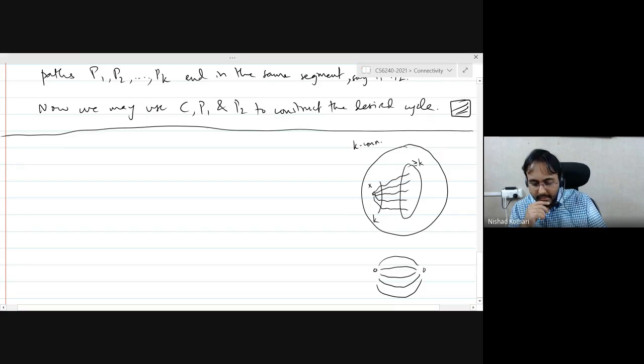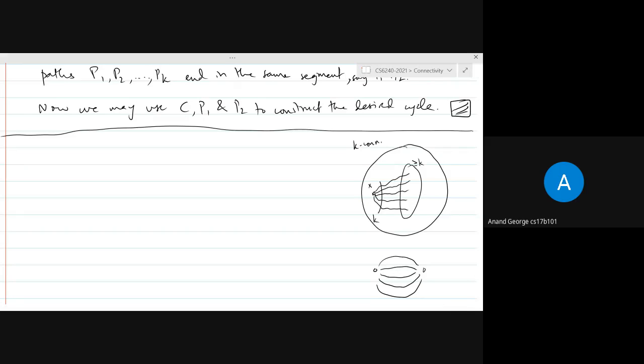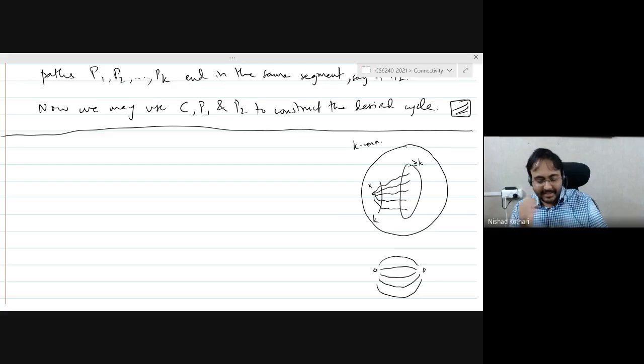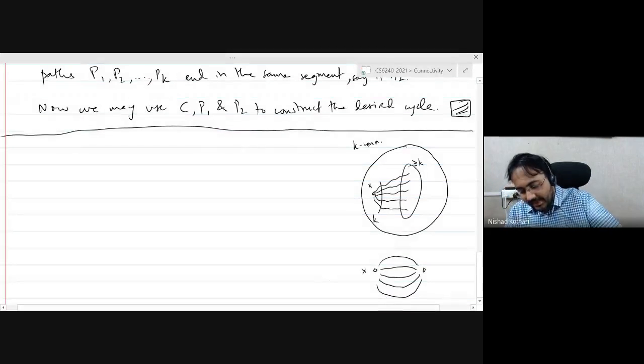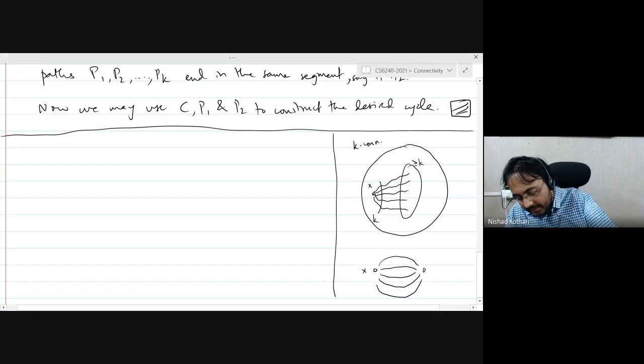Yes, Anand. So we can add a new vertex in this graph, say V, and then connect that to every single vertex in Y. Exactly. So that's exactly where I was trying to go. So what Anand is suggesting is that we can just add a new vertex to the graph, connect it to all the vertices in the set that we have chosen, let's say Y, and then we can use the property of k connected graphs.